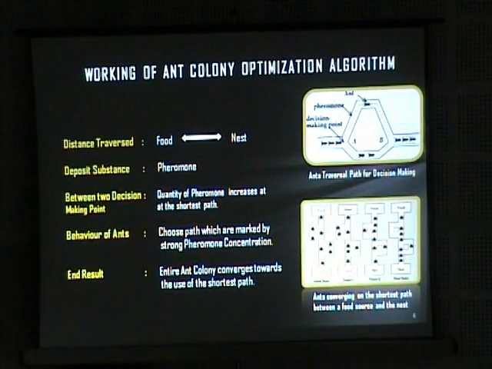Now this pheromone concentration, as it goes on increasing on the shortest path, slowly all the ants decide to choose that path which has got higher concentration of pheromone, and the end result is that all the colonies follow the same path which is the shortest one. This was encoded by the three Italian scholars, and it became a bionic optimization algorithm. This was the characteristic which was encoded.